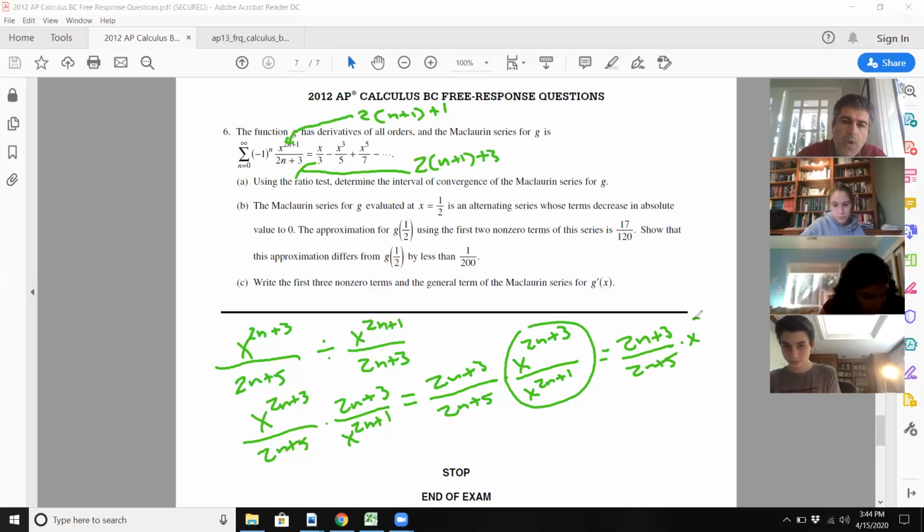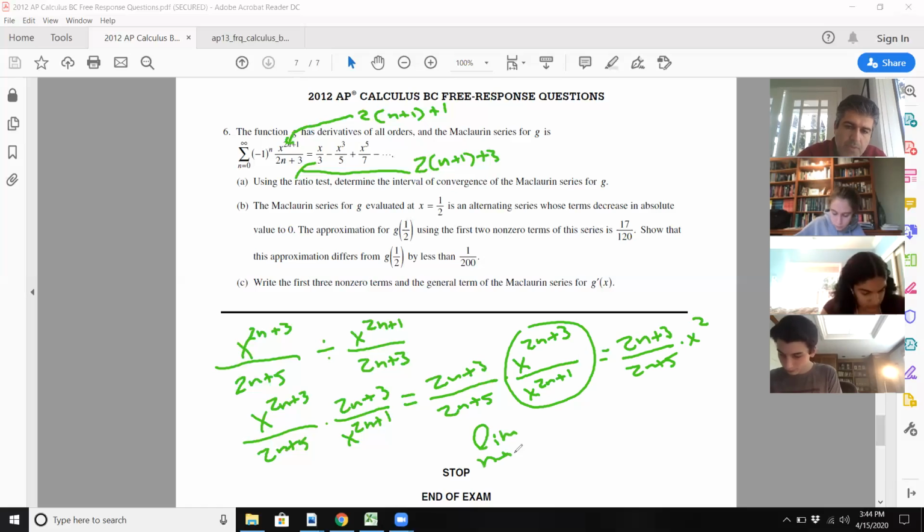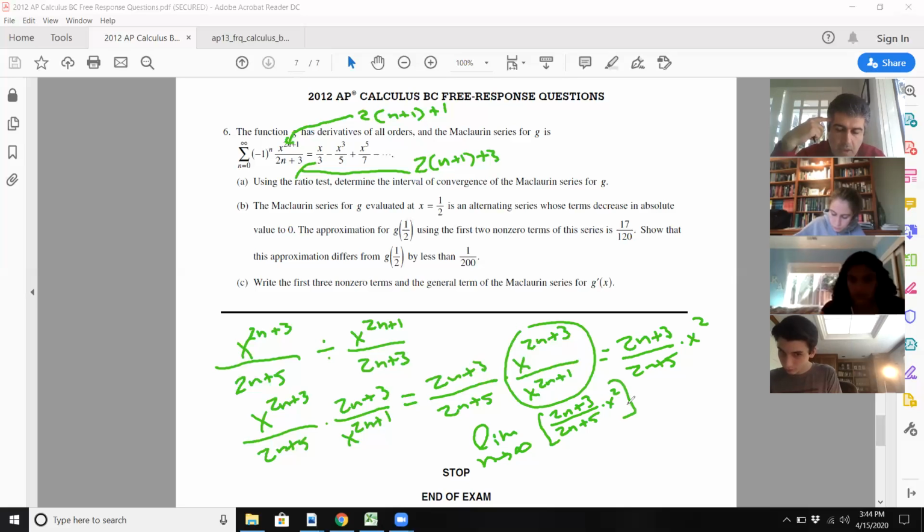Now, when you're asked to determine the interval of convergence, what you want to do is take the limit as n approaches infinity of that entire expression. If you work out that limit, what do you get?